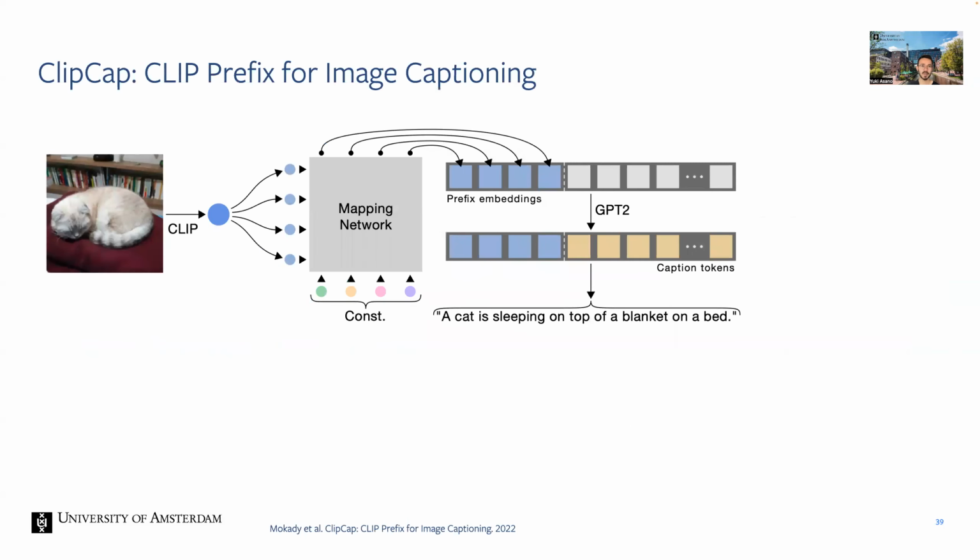There's this work called ClipCap, for CLIP prefix for image captioning, and it's pretty simple to describe. You take CLIP's visual feature encoder, you get your visual features out, those are the blue points, and then you map them. This could be, for example, simply a linear layer or an MLP. You map them to the language space of GPT-2.